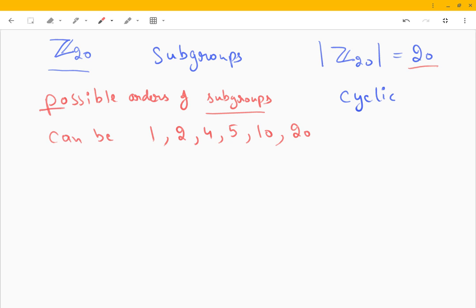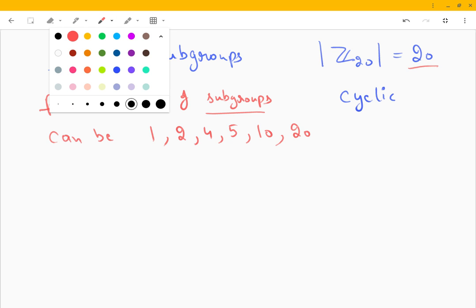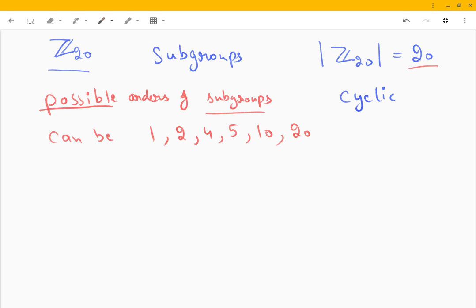Now, this word possible is very important here, because whatever subgroups we get will be of one of these orders, but it is not necessary that we definitely get a subgroup of each of these orders.